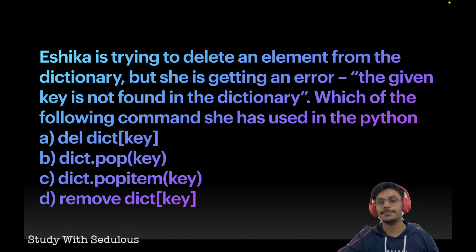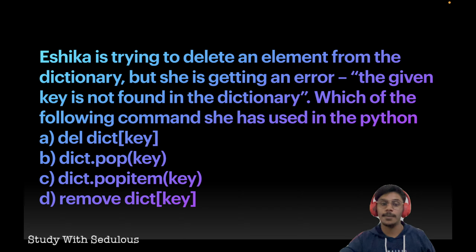Unordered. Now, Ishiga is trying to delete an element from the dictionary, but she is getting an error: the given key is not found in the dictionary. Which of the following commands has she used in Python? del dictionary key, or dict.pop key, or dict.popitem key, or remove dict key?